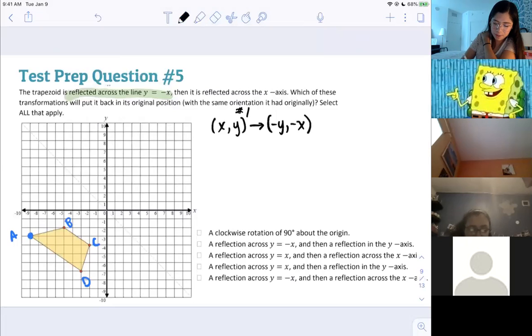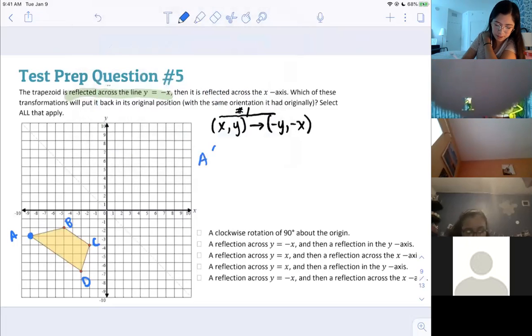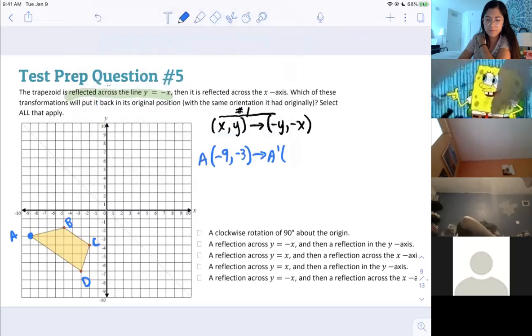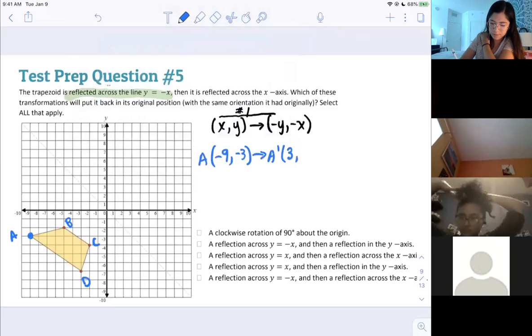So transformation number one, A is going to become, so A was negative 9, negative 3. So what does it become? Positive 3, positive 9.